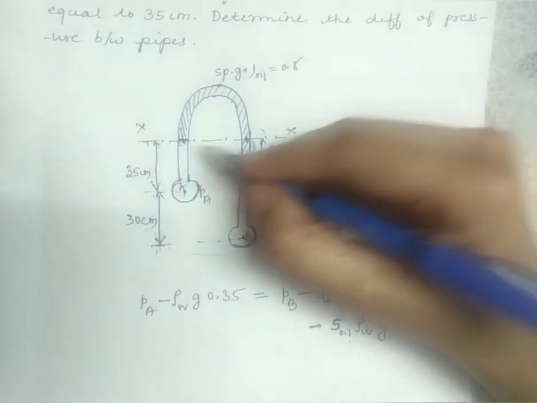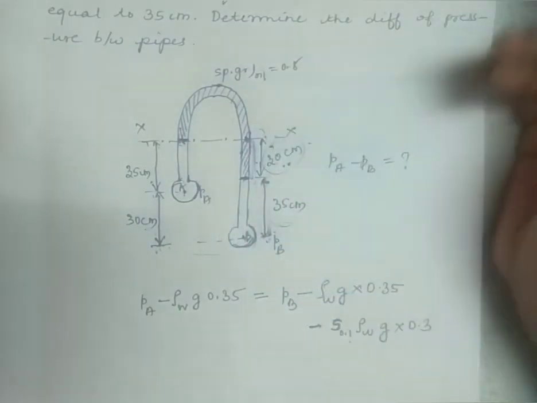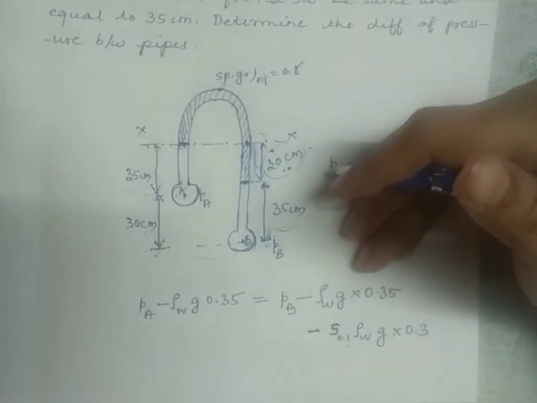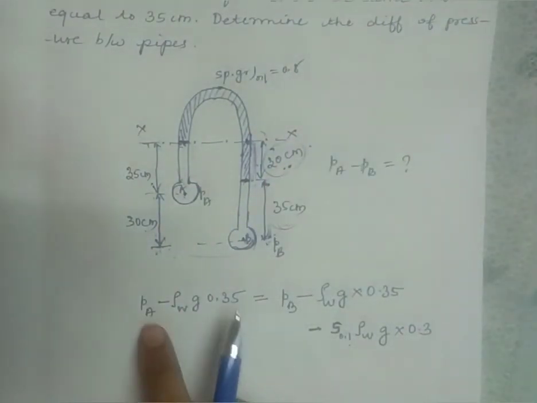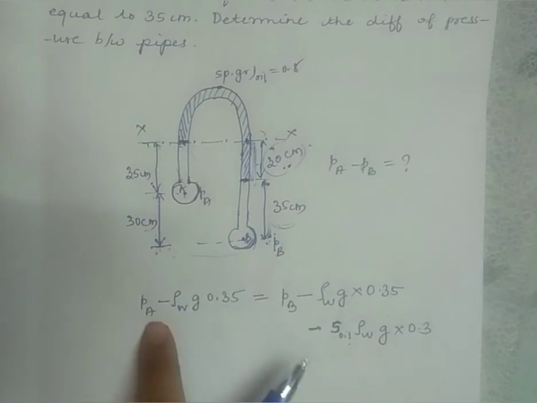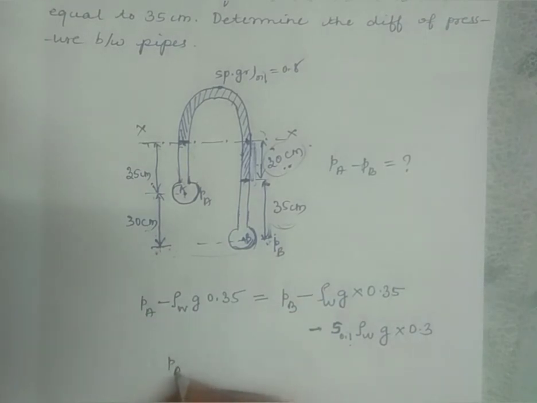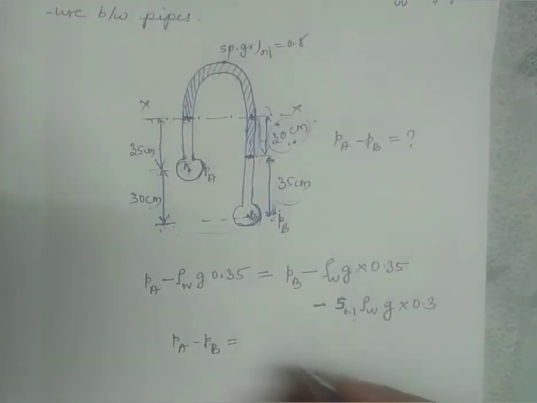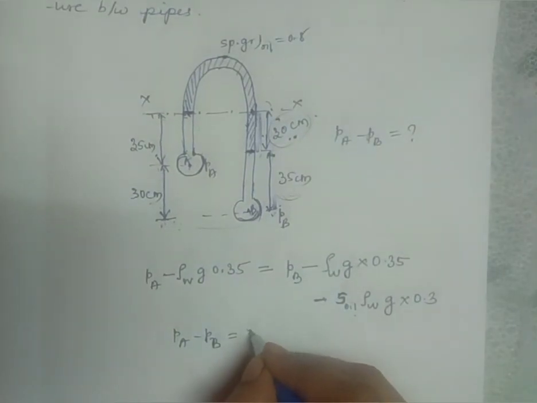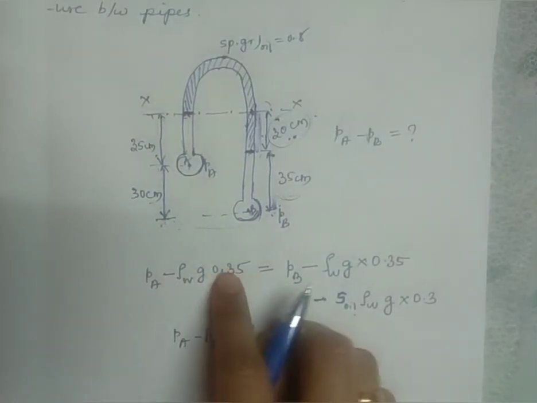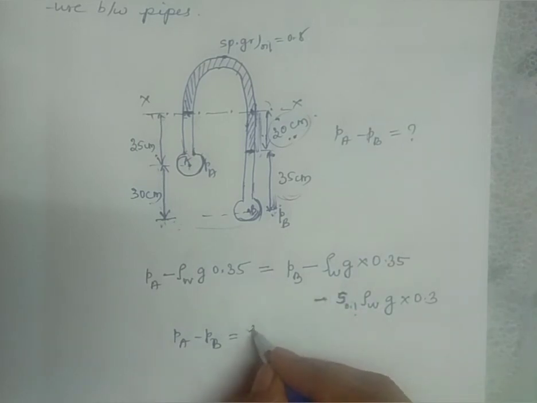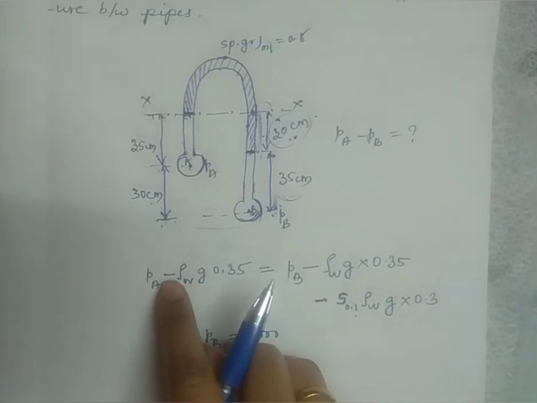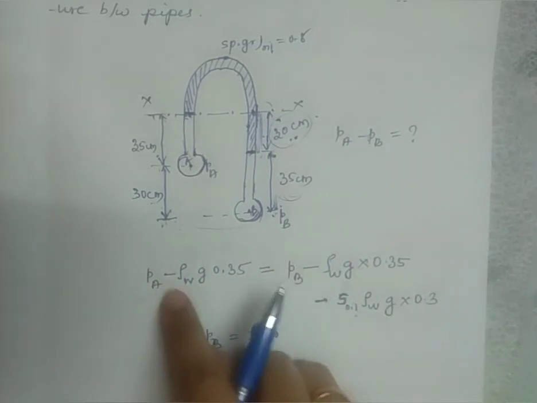So the pressure at this particular datum line we have arrived at from both sides, and now you have to find PA minus PB. I am taking PB to this side. So PA minus PB is equal to rho W, which is 1000, with the negative sign going positive over here.